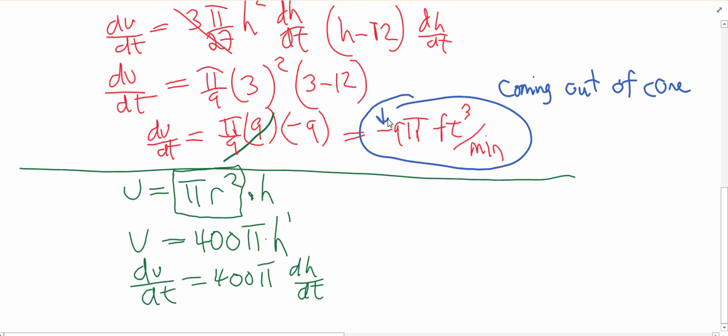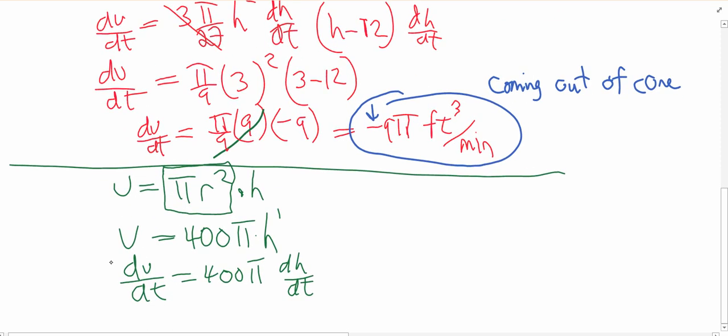But that means it's coming into the cylinder as a positive quantity, right? So we can replace this dV dt with a positive 9 pi cubic feet per minute. If you want to use your units here, you can. Certainly we'll put them in on the answer.